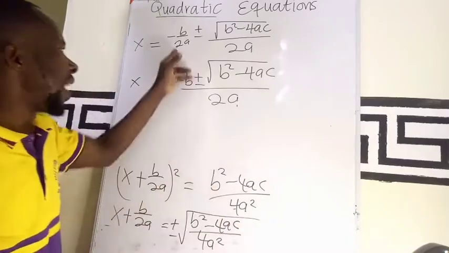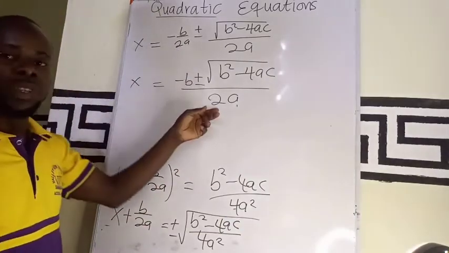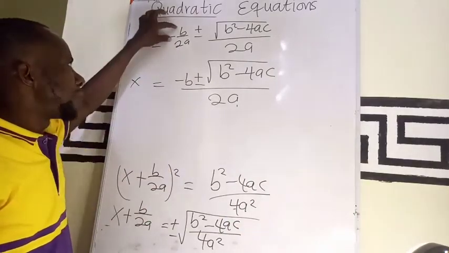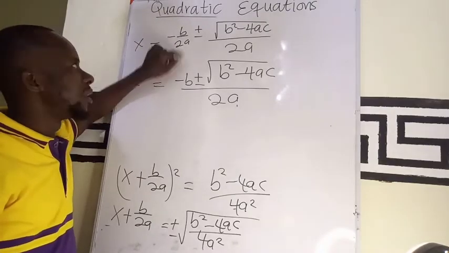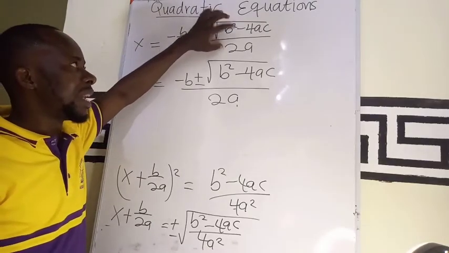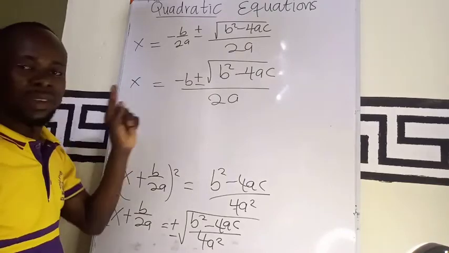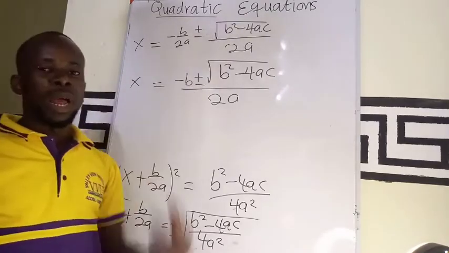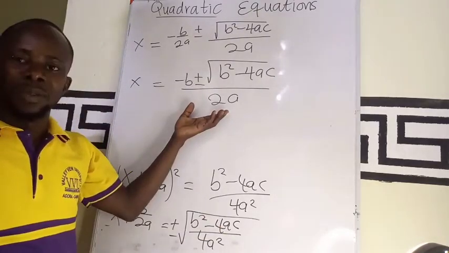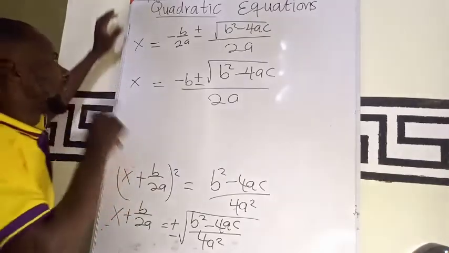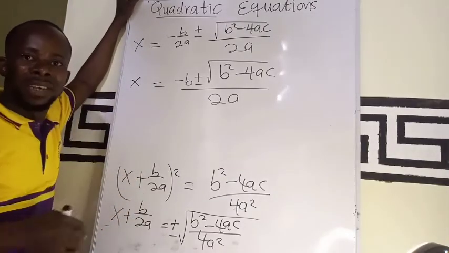So 2a goes into 2a 1, multiplying minus b plus or minus, and 2a also goes into this, still 1. So it multiplies your numerator to give you this. So now we have succeeded in making x the subject.